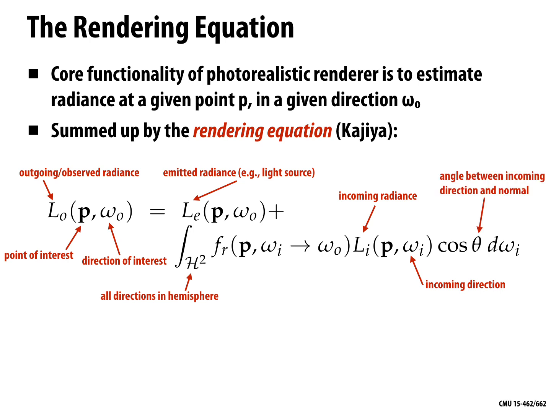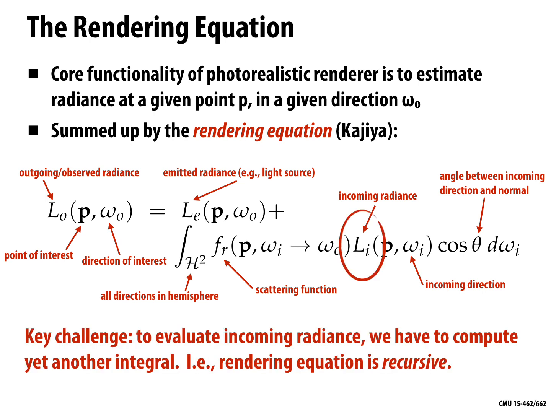We have this cosine theta term, which is just the angle between the incoming direction and the surface normal. And we have one more term that we haven't talked about yet that's new for today, which is this scattering function, f sub r, which says how much light that comes in from the direction omega I actually gets reflected back out in the direction omega O.